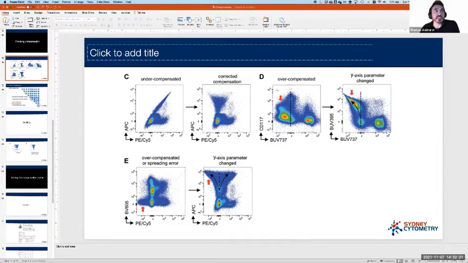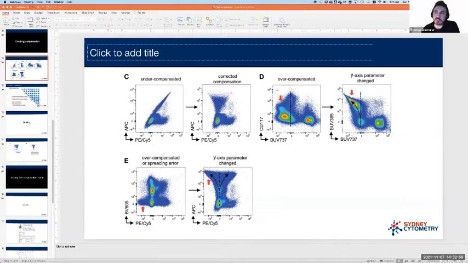What we're going to look at is three principal problems, and in different ways they might manifest. There's three here, C, D, and E. The first is undercompensation. This is essentially where we've got that leaning population where before, the objective was to move this to the right. In this case, it hasn't been corrected. It's almost like it hasn't had any compensation applied.